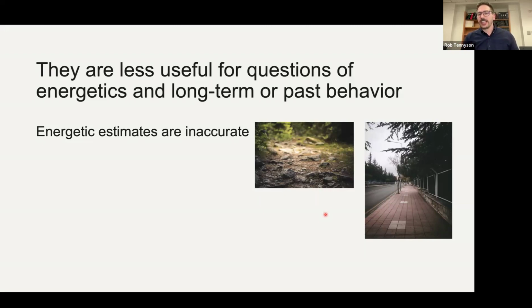And so if you're interested in looking at energy in research, I'd recommend not just using accelerometers. There are other tools you can choose, like some accelerometers will have a light-based measure, like a plethysmograph, which will try to see what your heart rate is, your blood saturation.